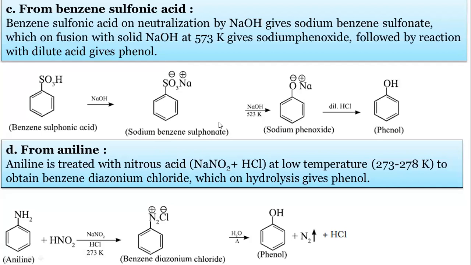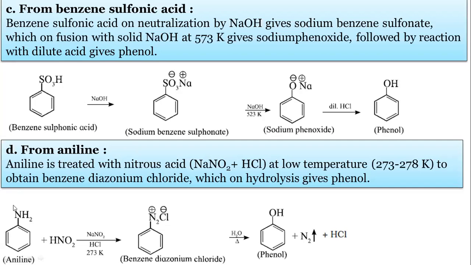Again, it is treated with NaOH. We get sodium phenoxide, and sodium phenoxide to phenol. You know, this is again the Dow process. This is the step which is already included in Dow process. Sodium phenoxide, dilute HCl, we get here phenol. So remember, this reaction is asked for 3 marks. Make a note in your textbook and in your notebook also.